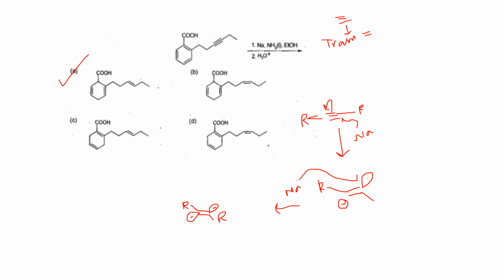You have got this, right? Why always trans double bond? Because if you draw it this way, negative charge means only the electron cloud, right? So there will be huge repulsion between them.